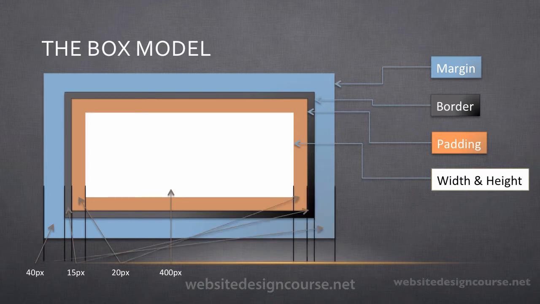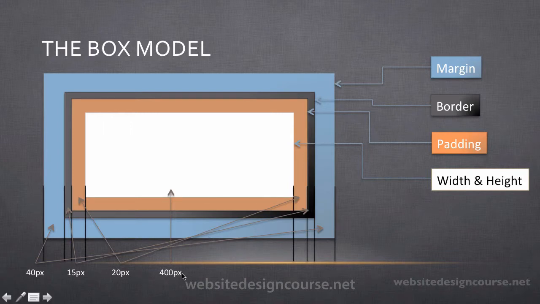The important thing to remember with the box model is that if we assign all these values, not only are they on the left side, but over here on the right, they're also assigned to the right. So we also have 40 here, and 15 here, and 20 here, and then 400 there. Make sure that you account for the left and right sides for the margin, border, and padding.